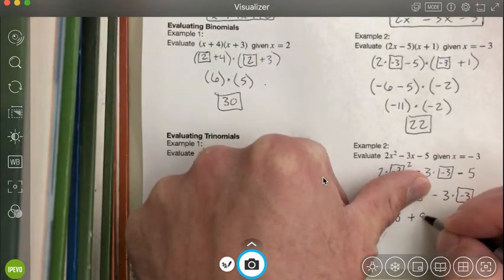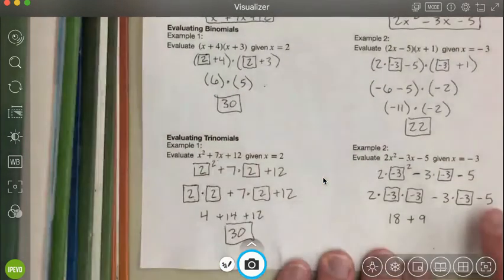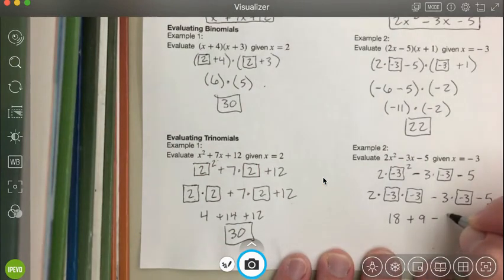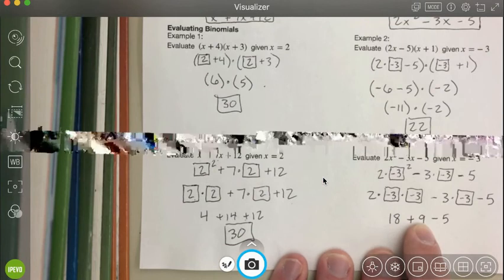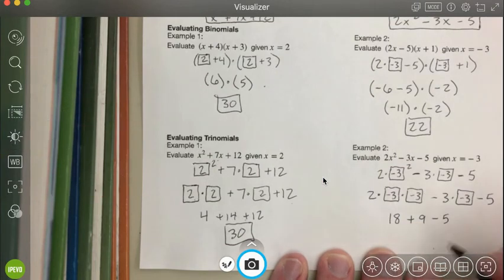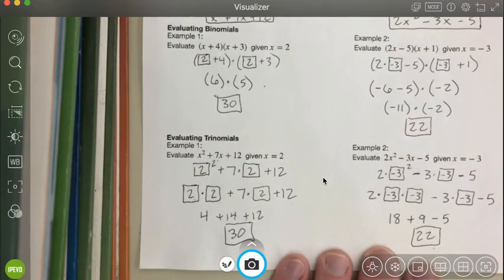It's going to be plus 9. And then I have this minus 5 on the end. All right, 18 plus 9 is 27. Minus 5 is 22. Once again, notice how my answers are the same.